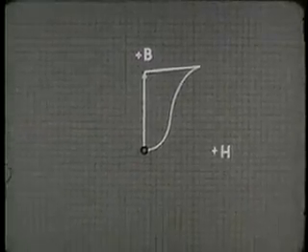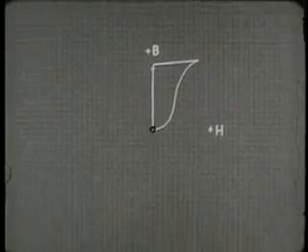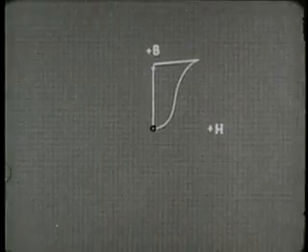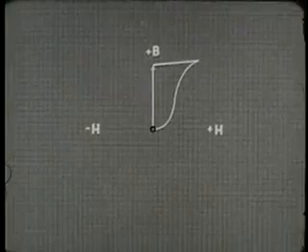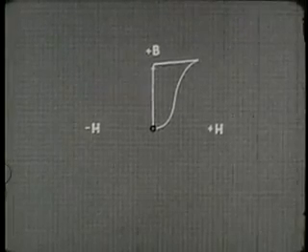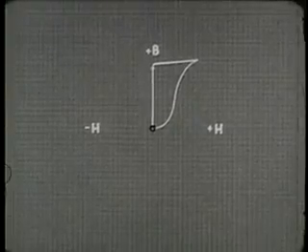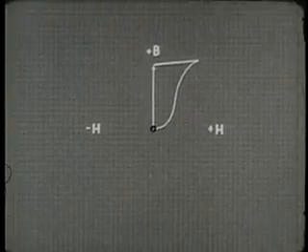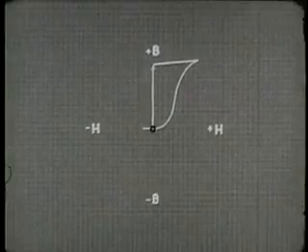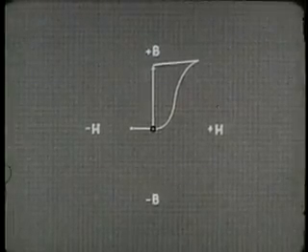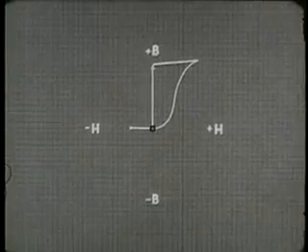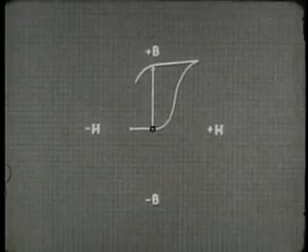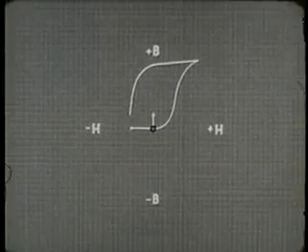To plot the effect, we'll extend our graph. With dot current, we're applying a negative magnetizing force represented by minus H. Negative flux density is symbolized by minus B. We need a certain amount of negative magnetizing force to overcome the existing positive residual magnetism in the core.